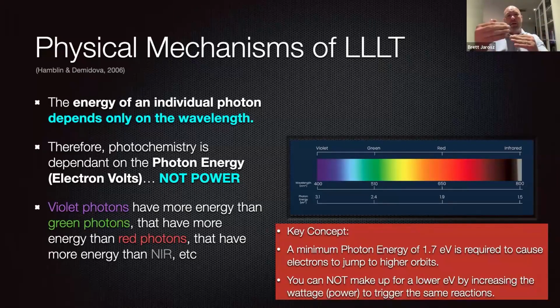In order to make those electrons jump orbits, you need 1.7 electron volts for that energy transfer to take place. So you cannot make up for a lower electron volt by increasing the wattage or power to trigger the same reactions. It has to do with the color of the light, not the power of the device.